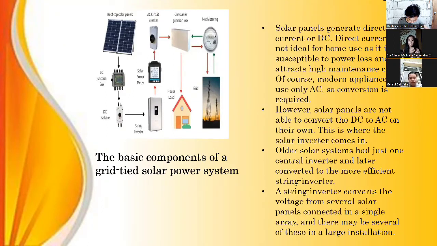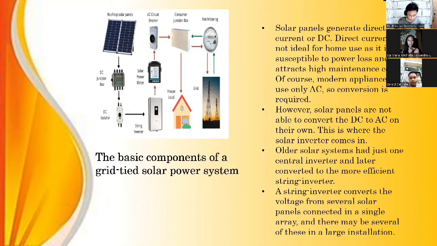Direct current is not ideal for home use as it's susceptible to power loss and attracts high maintenance costs. Of course, modern appliances use only AC, so conversion is required. However, solar panels are not able to convert the DC to AC on their own. This is where the solar inverter comes in.